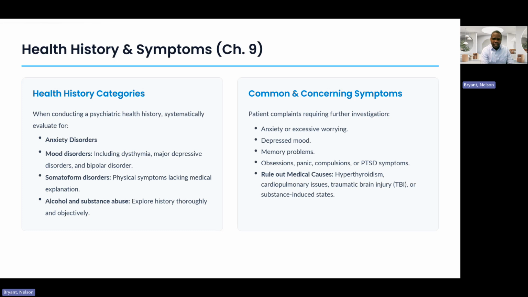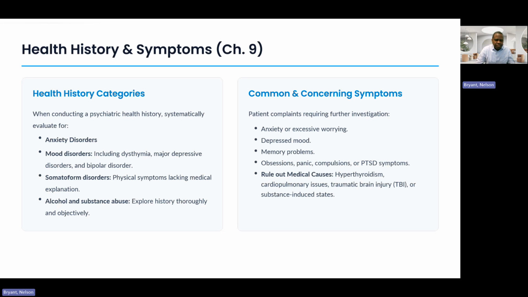During the health history, it is very important to screen for anxiety and mood disorders like depression or bipolar disorder. Why is this important? Because any history of alcohol or dementia or substance abuse may mimic changes in mental status or mental alertness.